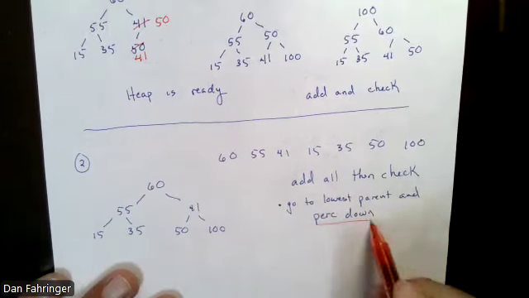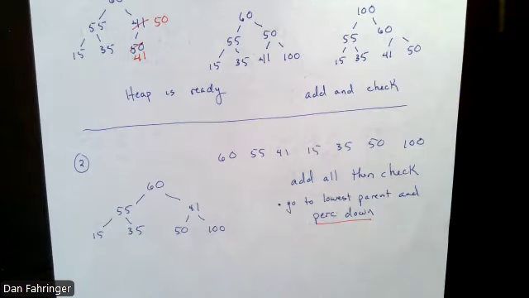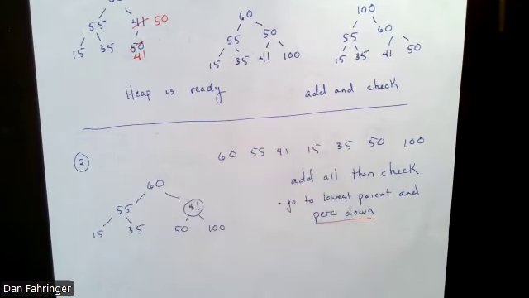The last one up there, we did a percolate up. We're going to go to the lowest parent. The lowest parent is 41. I'm going to percolate down. Can it go down? Yes. It can swap with 100.